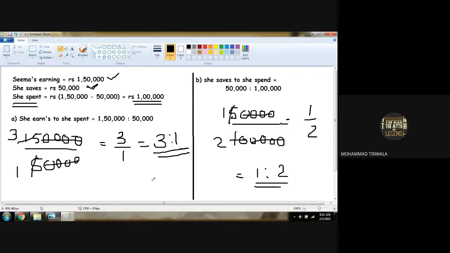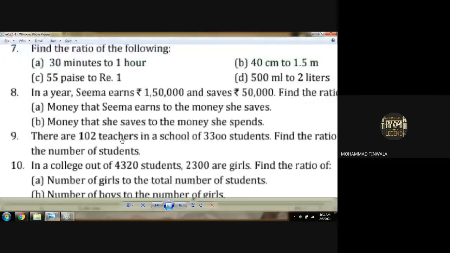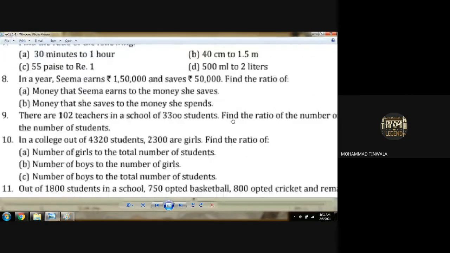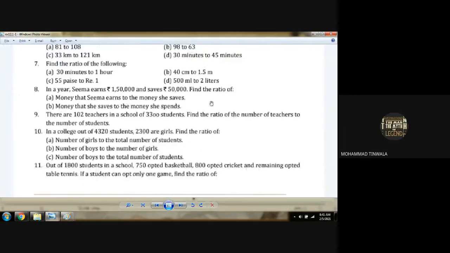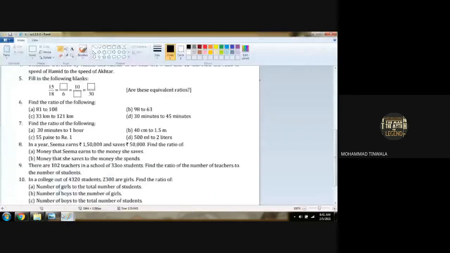Any doubt with this, boys? No, sir. No doubt, bacha party? Yes, sir. No doubt. Okay, question number 9, please. Who will read? Let us first tally answer number 8.